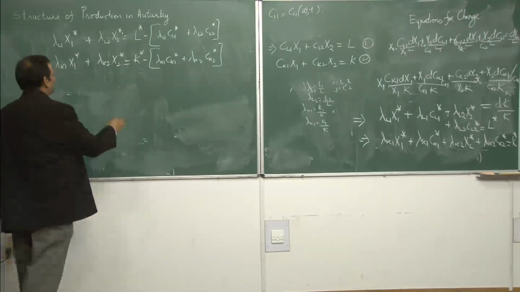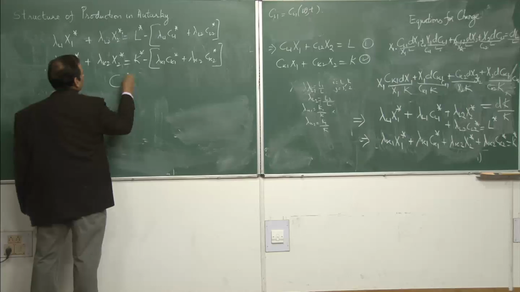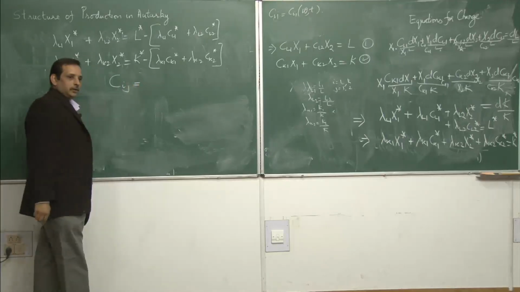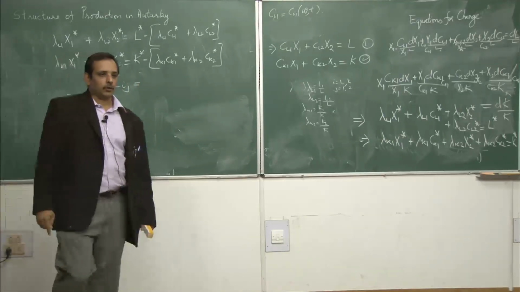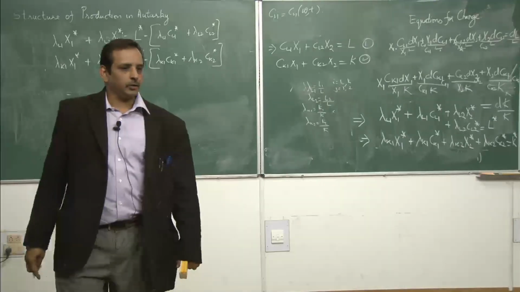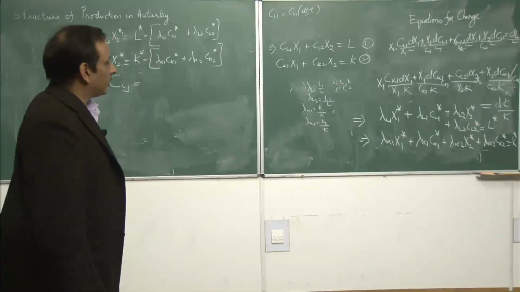Now, further, this Cij, recall, is the input output requirement, the unit labor requirement, the unit capital requirement.